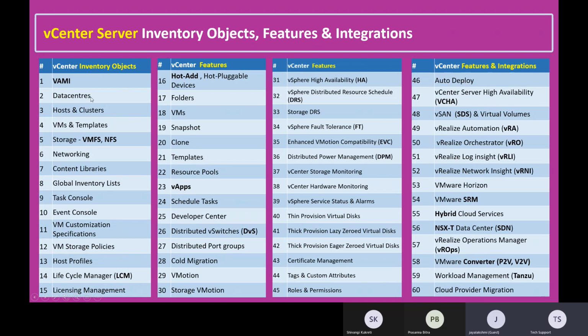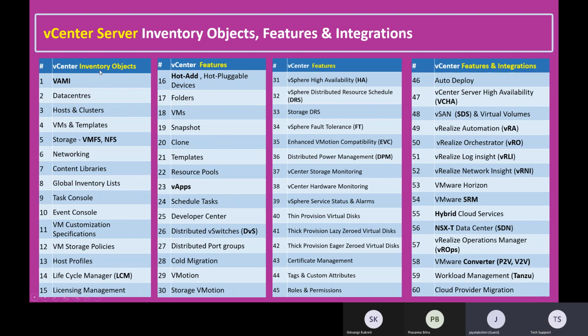Daily we will complete at least 2 to 3 features, and like that we can cover the remaining concepts. This is the complete vCenter server features, all at one glance. Once you are familiar with all features, that is the end of our course. So tomorrow onwards, we'll start discussing them one by one.